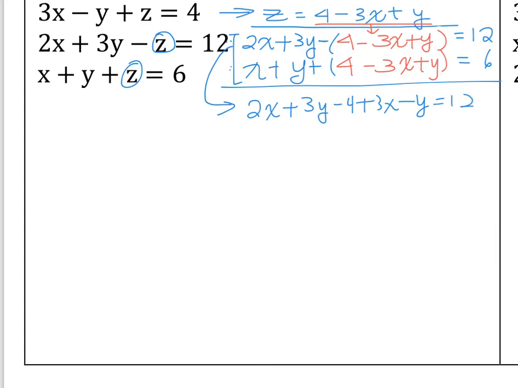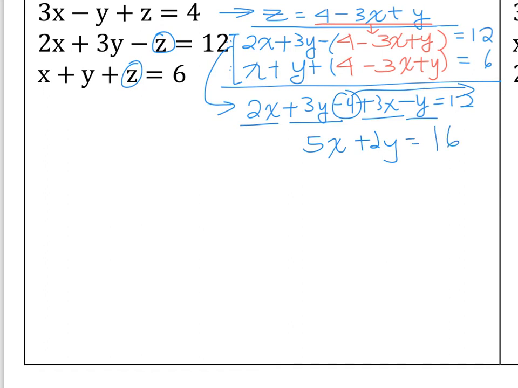And now we can combine like terms. 2x plus 3x is 5x, plus 3y minus y is plus 2y, and then negative 4, I can move it over to the other side of the equation. So that will give you 16.